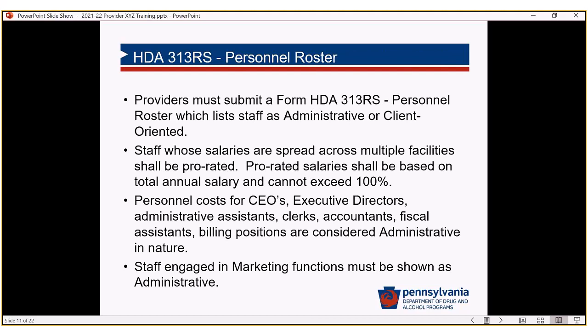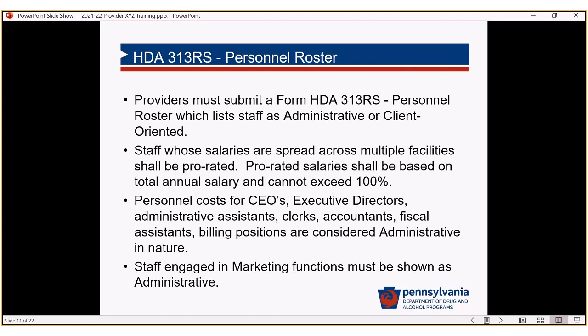You must submit the personnel roster that lists both administrative and client-oriented staff. Those staff salaries could possibly be spread across multiple facilities, and if they are, we're looking for how that is prorated. Prorated salaries should be based on total annual salaries and not exceed 100%.